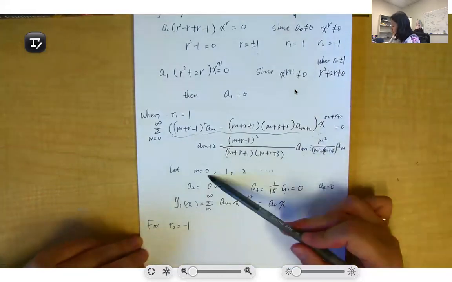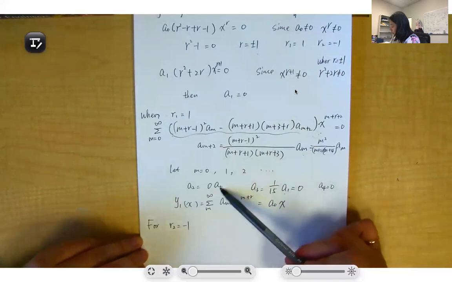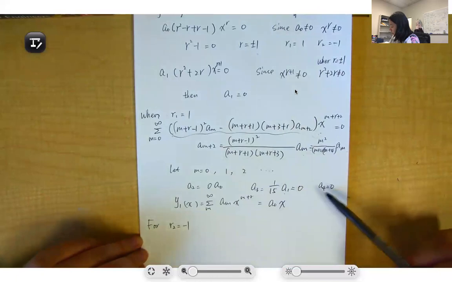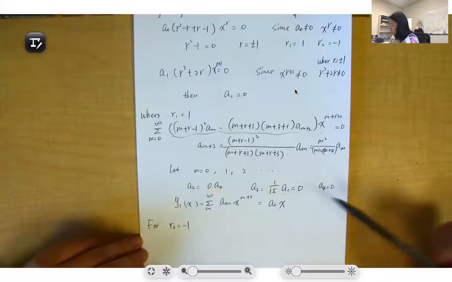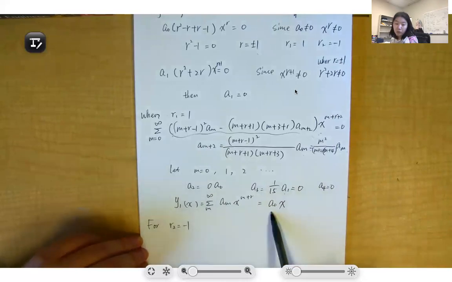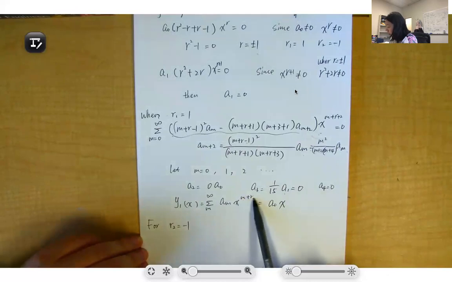Since m equals 0, then this term will become 0 times a naught. a3 equals this term, a4 will be equal to some a2, but that will be equal to 0. So this whole term will only have the a naught term, which is a naught x to the m plus 1, where m equals 0, then only r equals 1 is left.